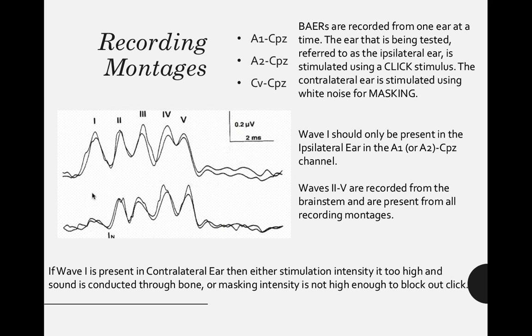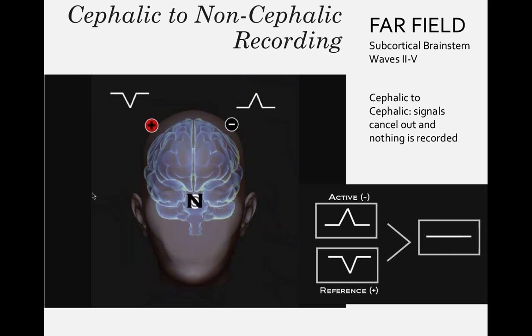Either way, you want to fine tune your stimulation so that you are not seeing wave 1 in your contralateral ear. You only want wave 1 in the ipsilateral ear.